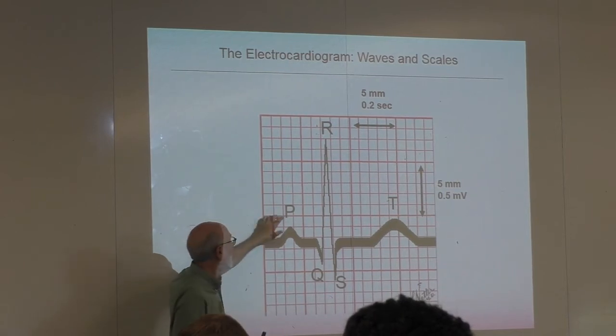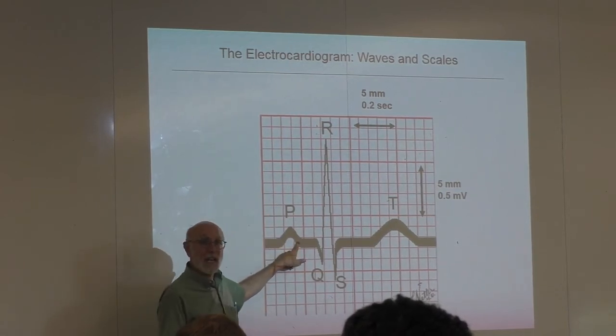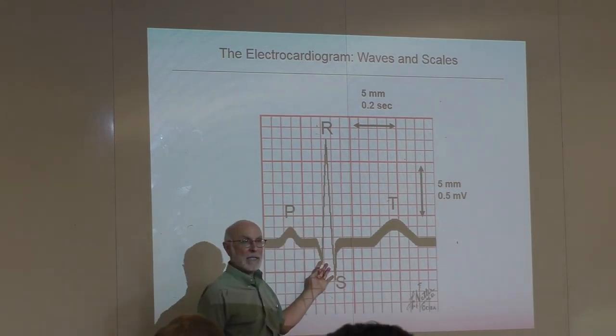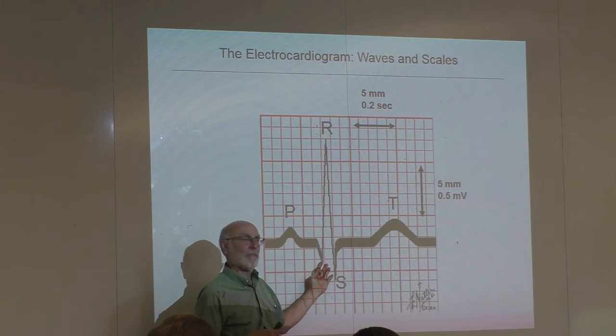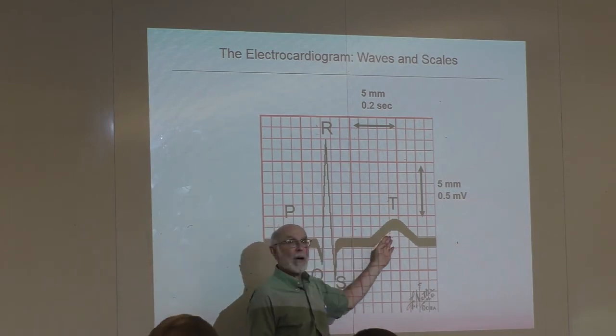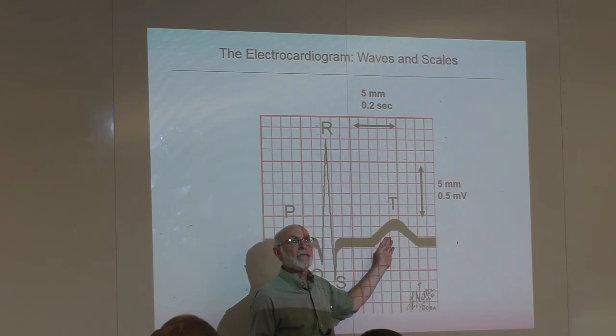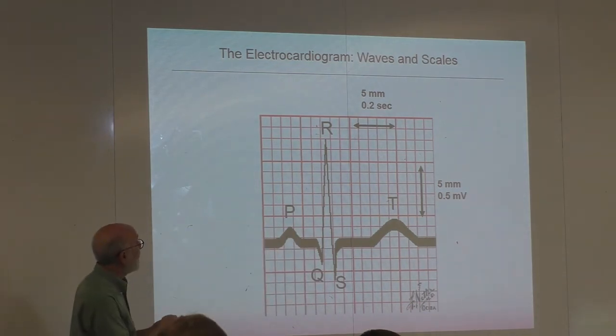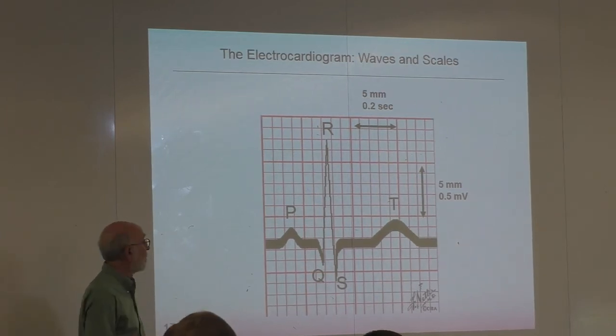Anyway, P wave associated with the spread of atrial depolarization. The QRS complex, the big signal, is associated with the spread of ventricular depolarization, and then the T wave is associated with the spread of ventricular repolarization. And like everything else, it's got a time scale and an amplitude scale that we don't need to focus on.